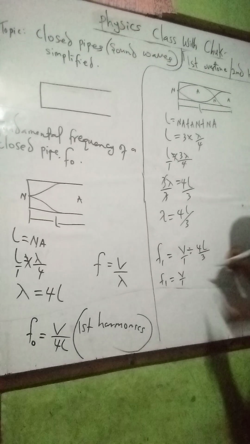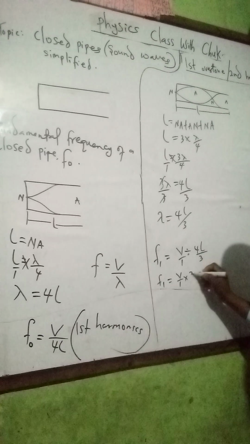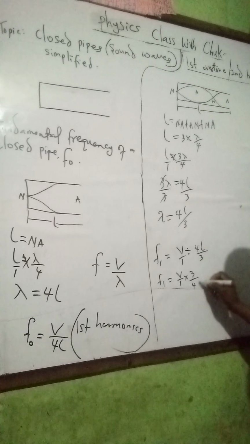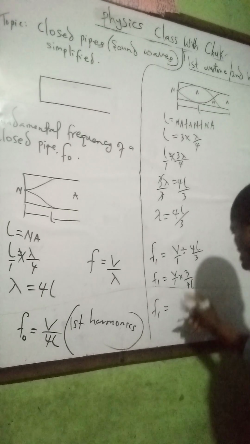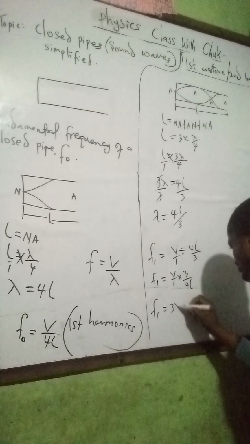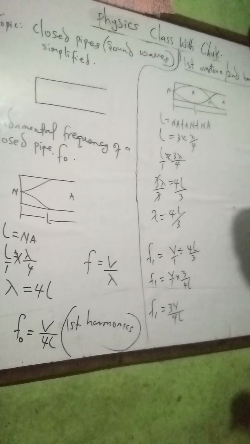I'm going to change division to times, and when I do that, 3 will go up, and 4L will come down. That will be F1 equal to 3 times V, which is 3V all over 4L.